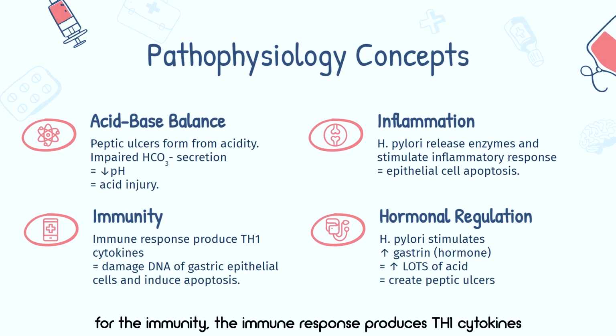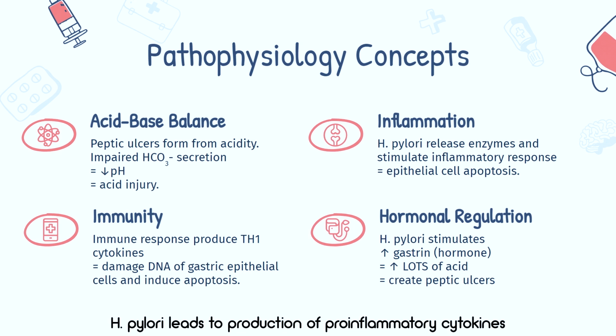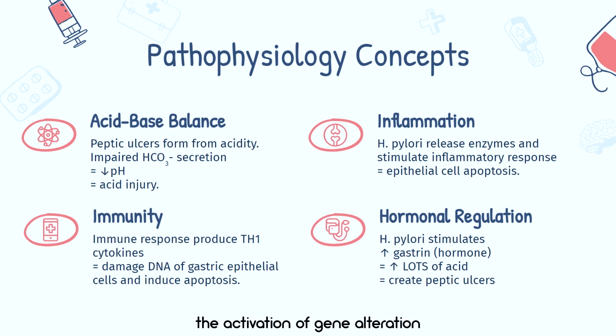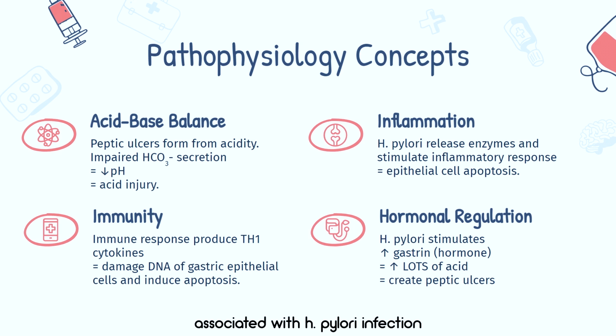For immunity, the immune response produces Th1 cytokines that further damage the DNA of gastric epithelial cells and induce apoptosis. H. pylori leads to the production of pro-inflammatory cytokines by gastric epithelial cells, which is the response to infection. Cytokines interact with gastric epithelial cells and will lead to the activation of gene alteration that helps the development of gastroduodenal diseases associated with H. pylori infection.